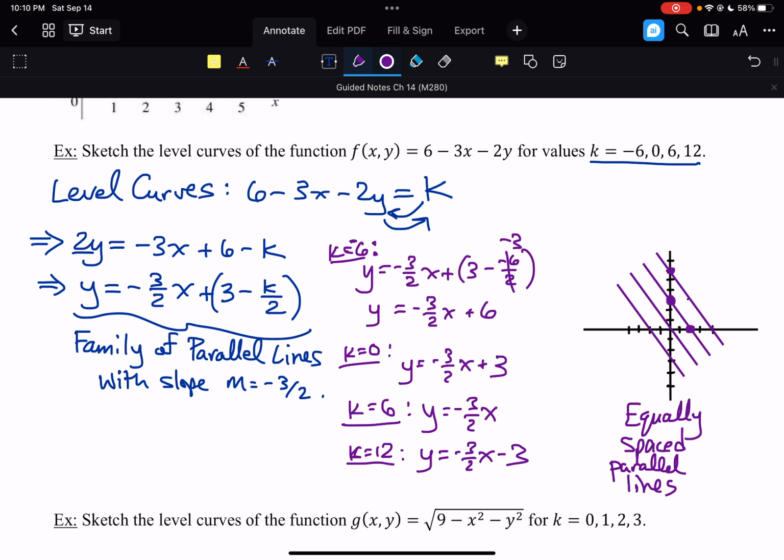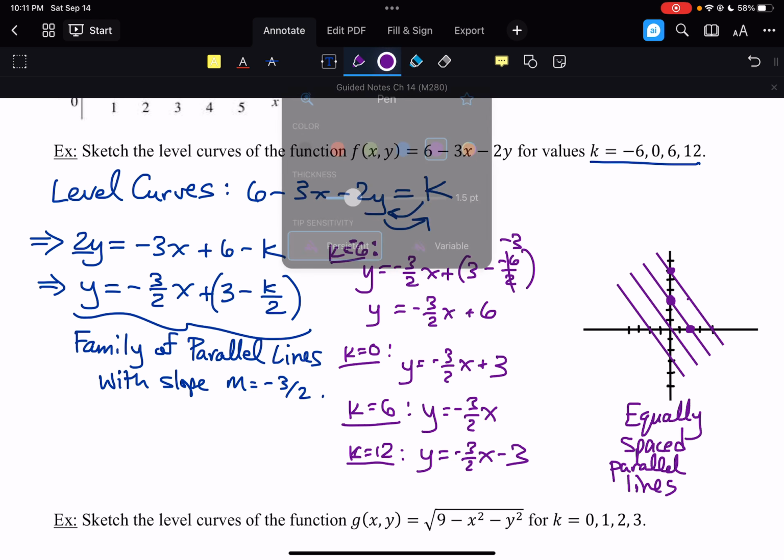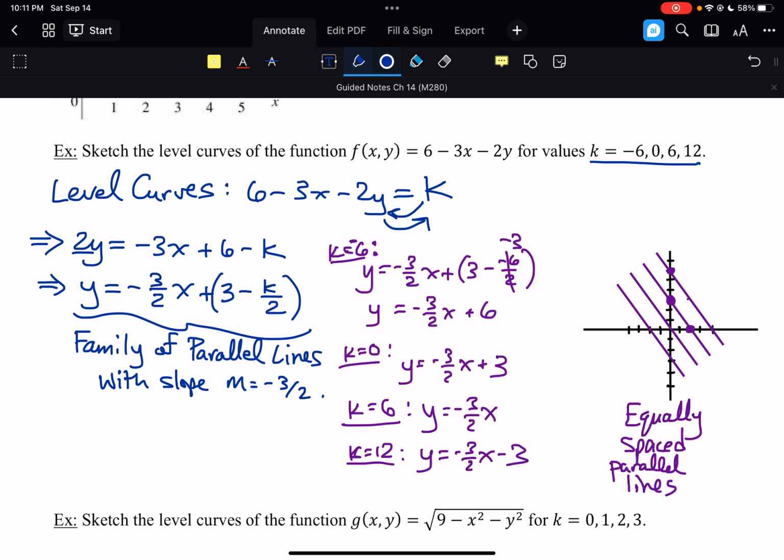Planes are considered linear surfaces, and this is why, because their contour maps are equally spaced parallel lines. Now, if you picked contours that were not equally spaced, like if I had picked -6, 0, 6, and 7 instead of 12, that 7 contour would be really close. So we just need to be mindful of that to get the pattern down.